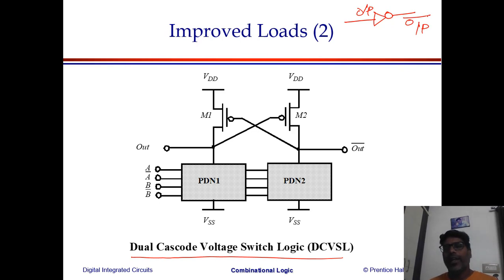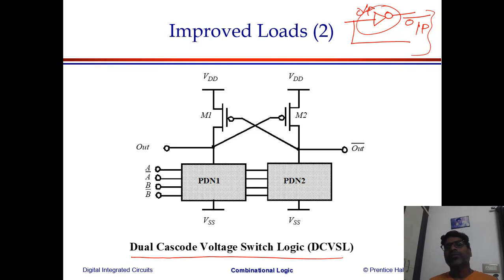Yes, that's a good idea, but the problem is the time delay between output and output bar. There will be a time delay of this inverter. For a high speed network, you could see there exists a timing difference between these two.